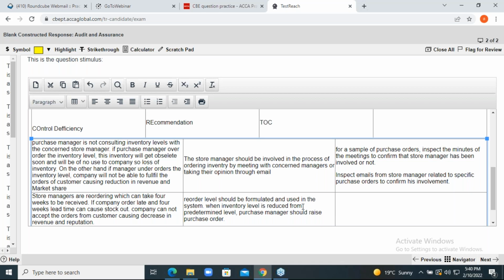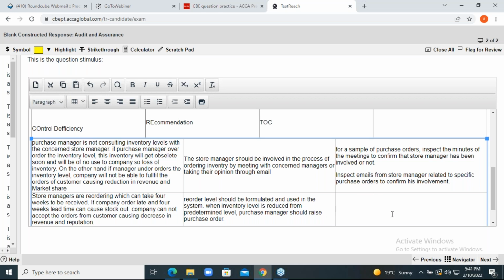We can check whether there is a prompted reorder level, or a flagging, or an indication from the system to the purchase manager that now it is time to raise a purchase order. If the system is doing this, then it is working on our recommendation. And if they are not following the system, the inventory is still going down, and our system has not identified or flagged anything regarding the purchase order level, then this means that the system is weak.